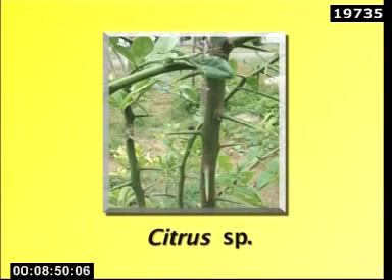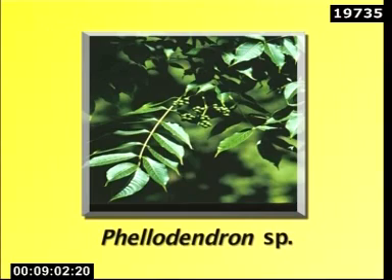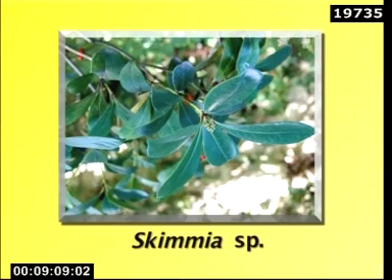Aegle or citrus. In family Rutaceae, the leaves are usually alternate, as we can see in Aegle and citrus. They are rarely opposite. These leaves are simple, or they are also compound.